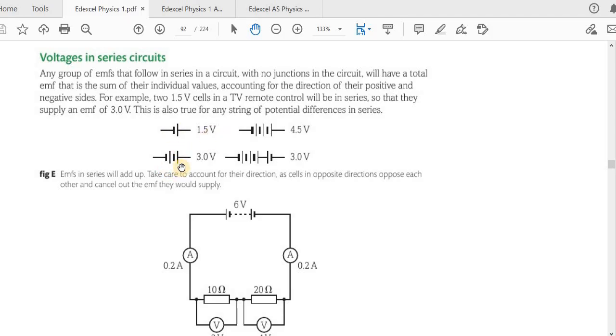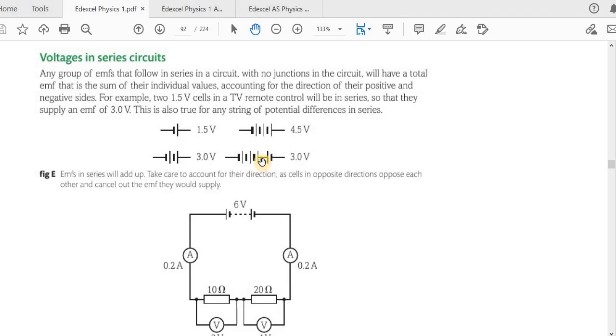If you have two of them connected like this with opposite terminals facing each other, the EMFs add up. Here this is 1.5, this is also 1.5, so the total EMF will be 3 volts. Here you can see 3 of them are connected with opposite terminals facing each other, so we add them. So this is 4.5. Now the problem in this last diagram is that one is connected the other way around.